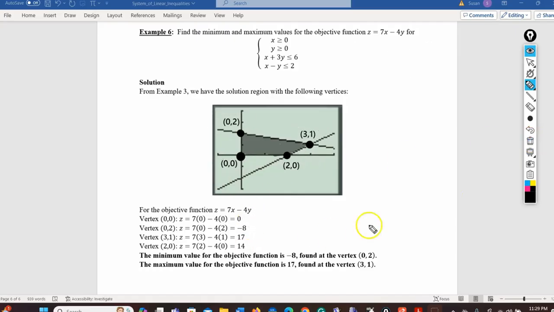Now, out of all of those, my maximum value is going to be 17, and it's found at the vertex 3, 1. And the minimum value is -8, and it's found at the vertex 0, 2.